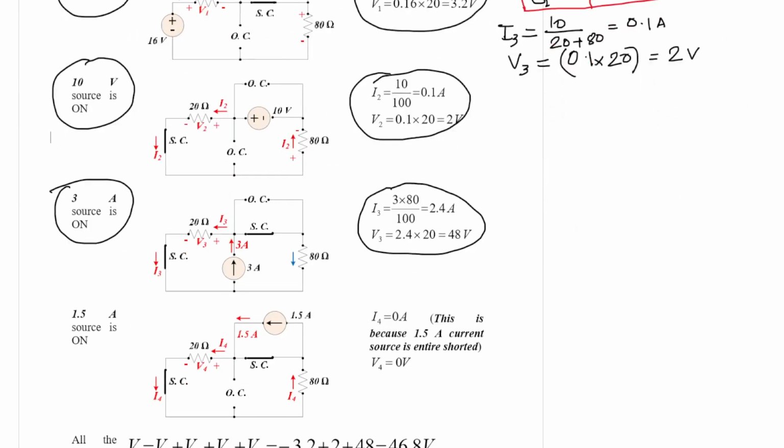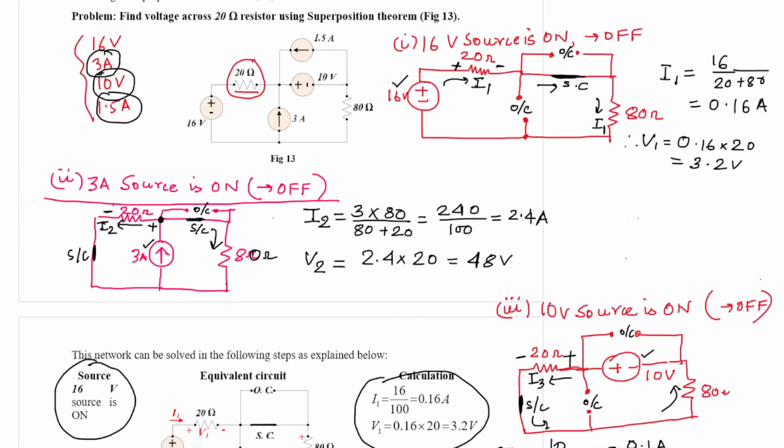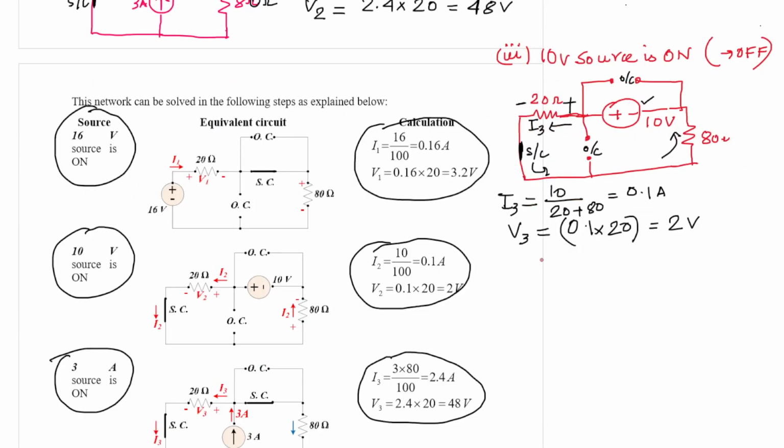Now lastly, when we consider our last source, that is the 1.5 ampere current source, let us say this is our 1.5 ampere current source.